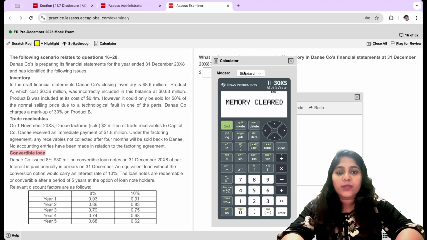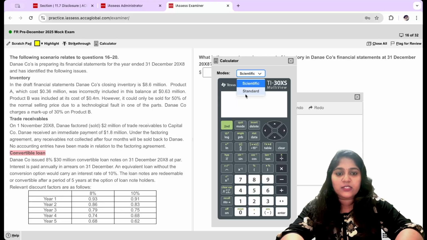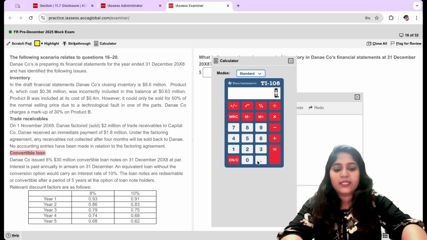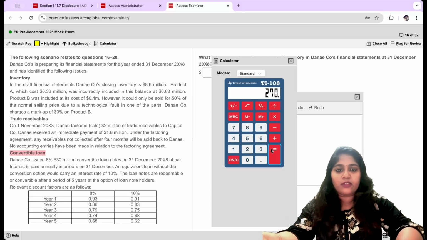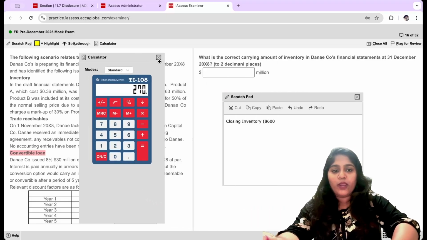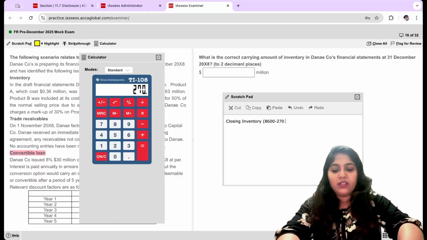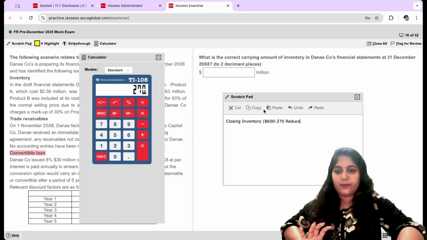The difference, it's my job to go ahead and reduce it. So how much is the difference? 0.63, or you can take it as 630. 630 minus 360, it's a transposition error. So 270, it's my job to reduce, that is 0.27 million. So 270 I will reduce first.